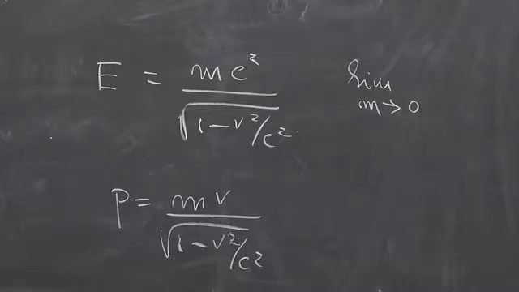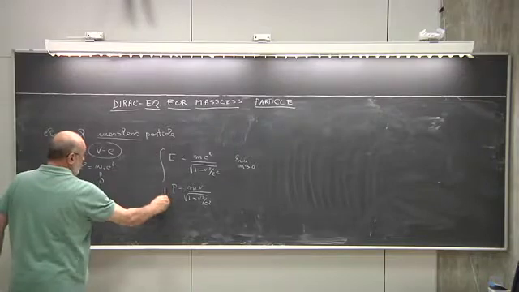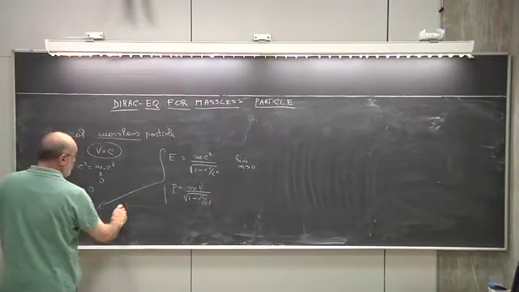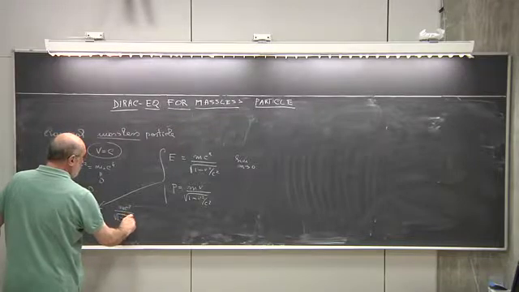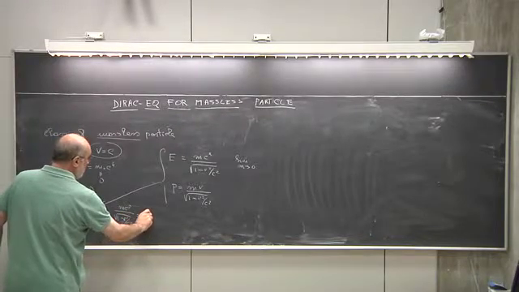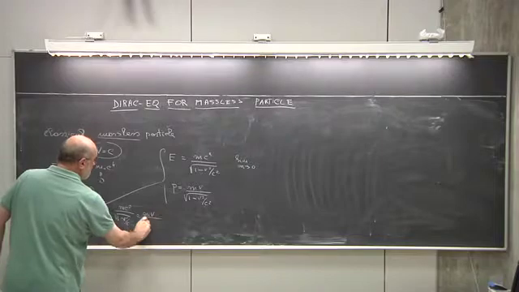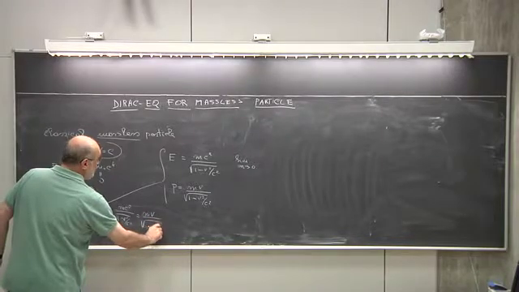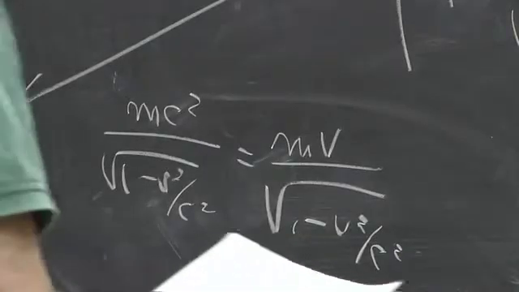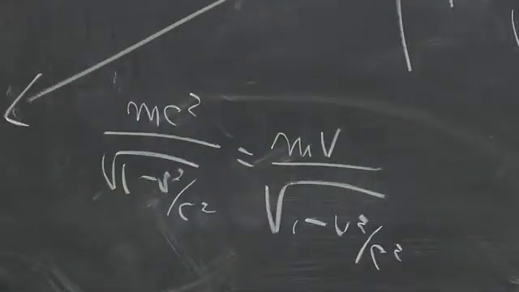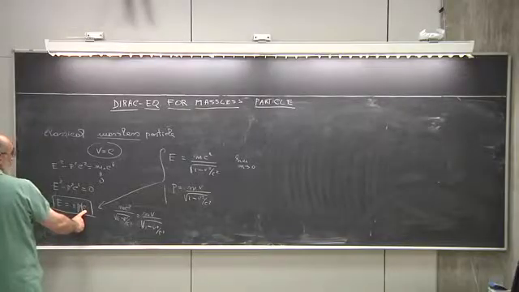If I insert this relation, I get mc squared over the square root of 1 minus v squared over c squared equal to mv over the square root of 1 minus v squared over c squared, but I have to multiply by c.